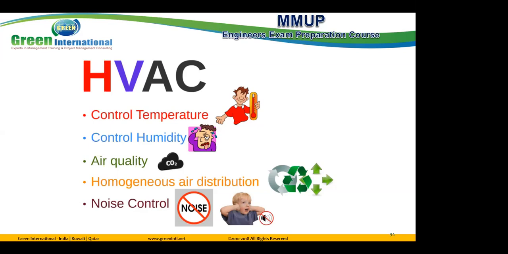Many questions come from the psychrometric chart. Let's see first: HVAC is an abbreviation for heating, ventilation, and air conditioning. HVAC is for controlling temperature, humidity, air quality, air distribution, and also noise control.